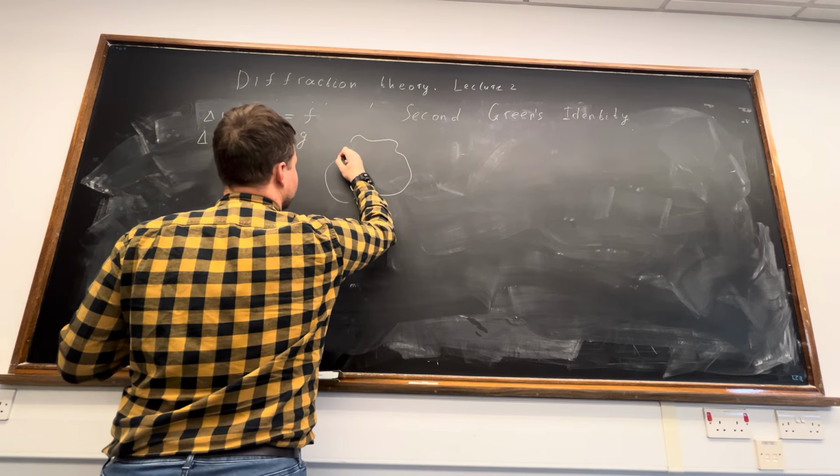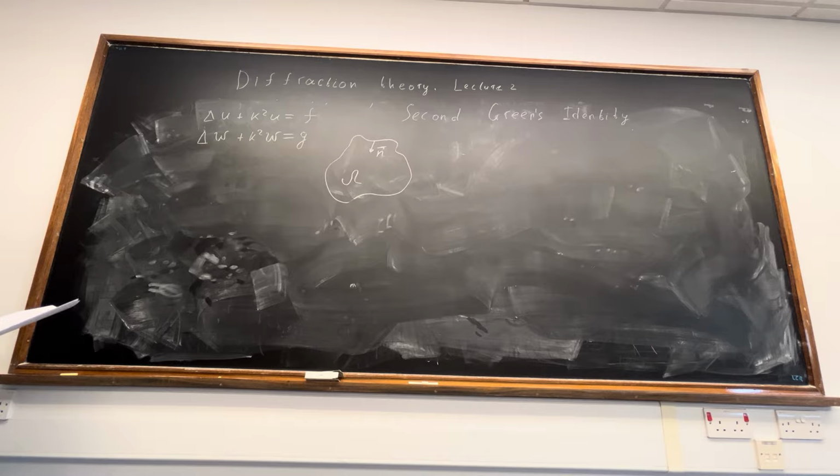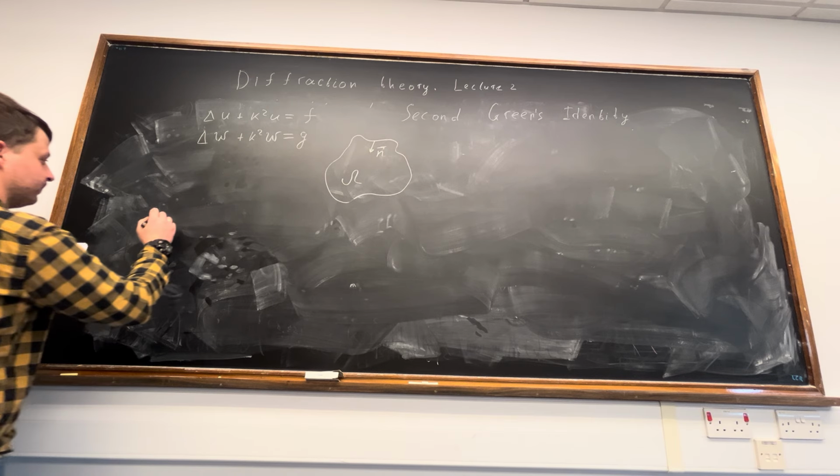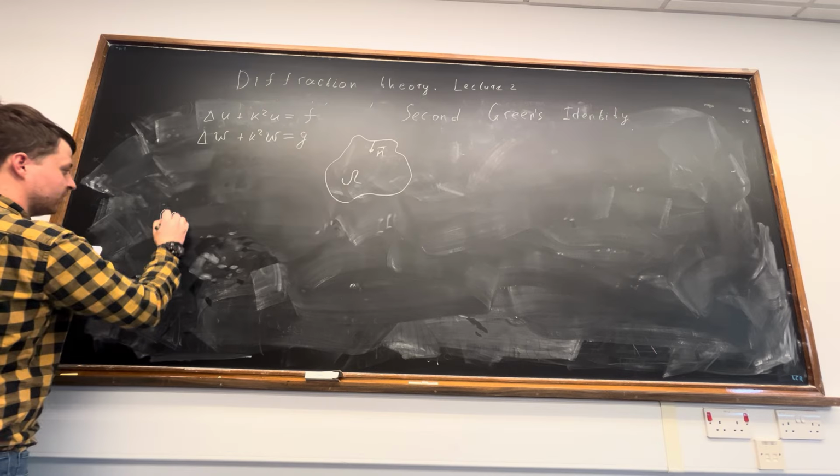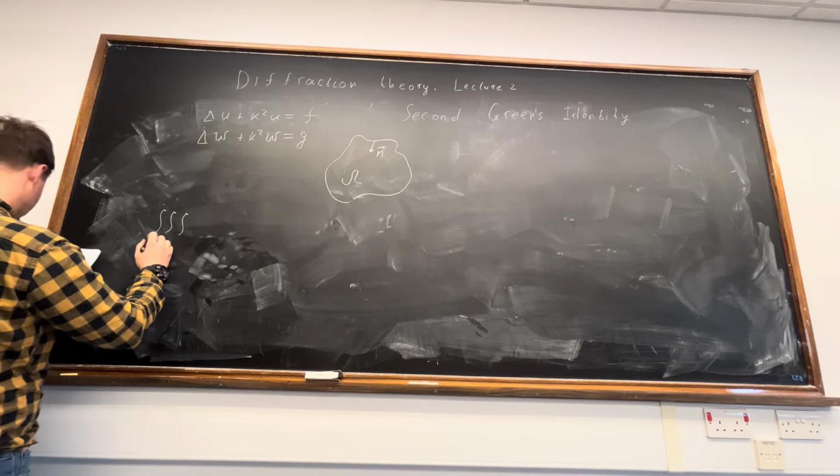We define the inner normal, and we study the following combination. There is no difference whether I consider a 3-dimensional problem or a 2-dimensional problem, so I will write it as a 3-dimensional problem, but that doesn't change anything. So we consider the following combination.